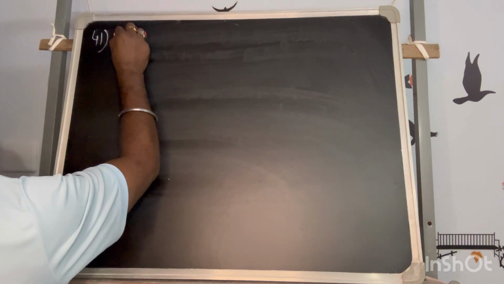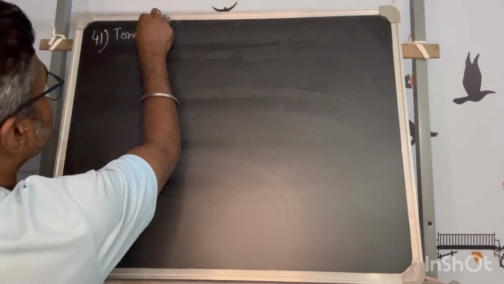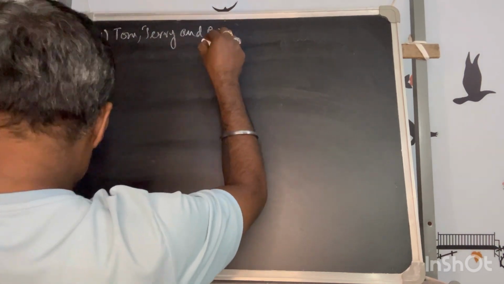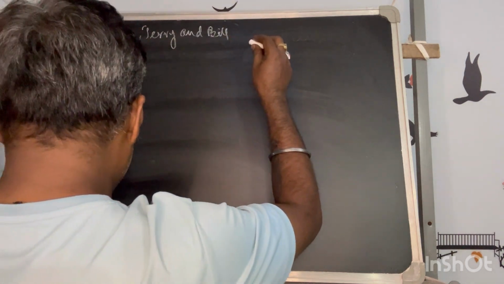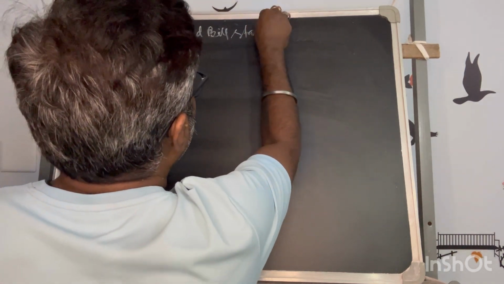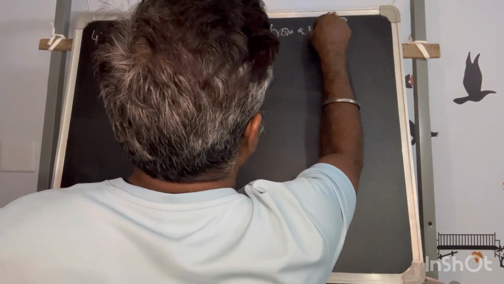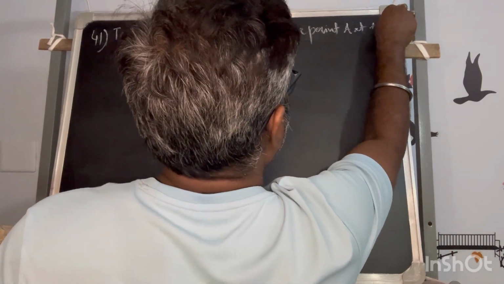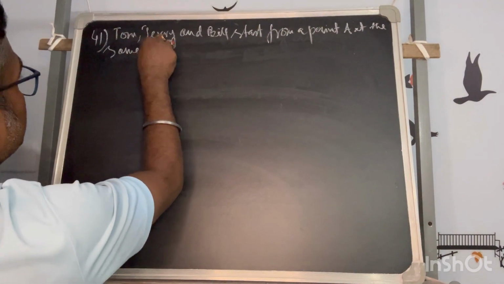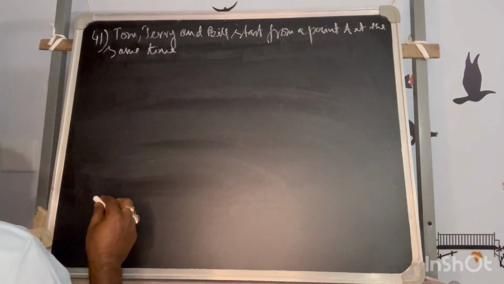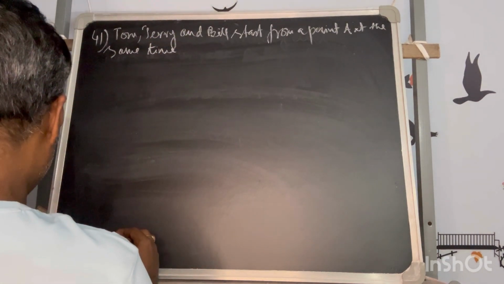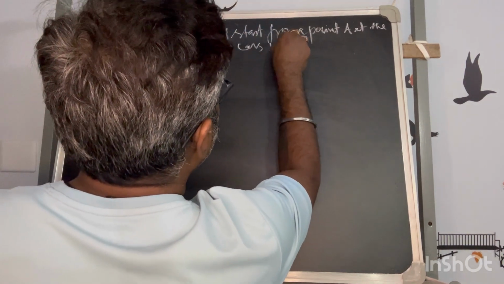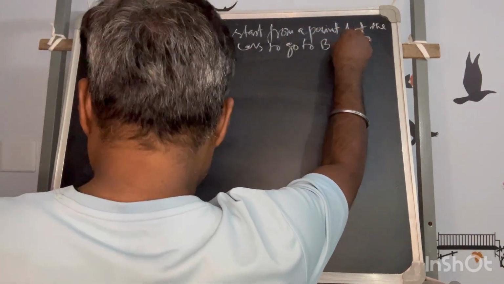Tom, Jerry, and Bill start from a point A at the same time in their cars to go to B.